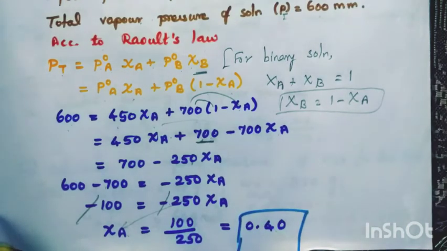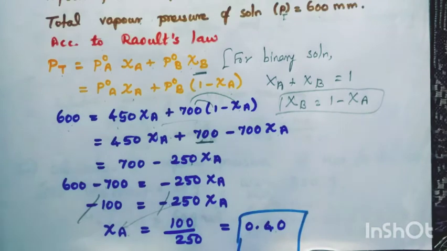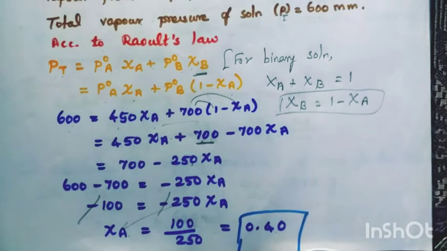So now we found the mole fraction of XA. From this you can calculate the other component, that is XB, no? Binary solution means two components, A and B. So the same formula: total pressure is equal to P naught A into XA plus P naught B into XB.